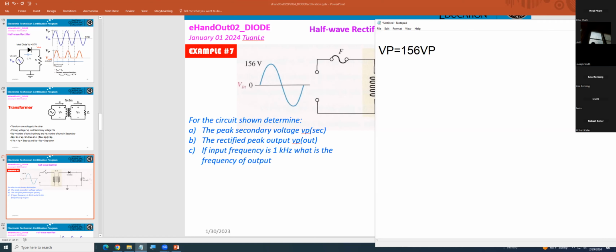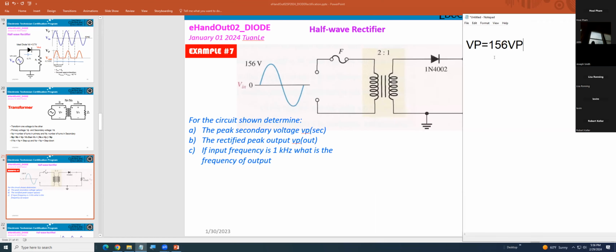And basically, if you look in here, you can see NP equal 2, and then NS is 1.